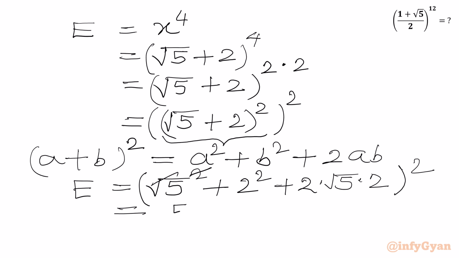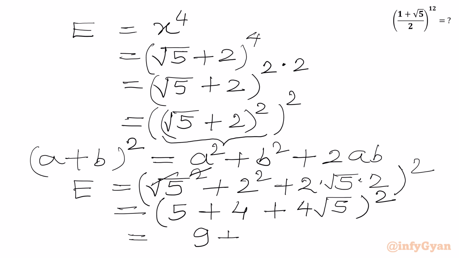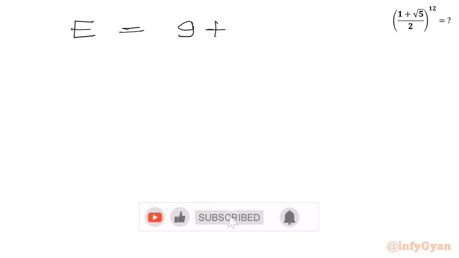We will get 5 only, plus 2^2 is 4, plus 2 times 2 is 4√5, whole square. Or we can write 5 plus 4 is 9, plus 4√5, whole square. This is equal to expression E. So I will write E = (9 + 4√5)^2.